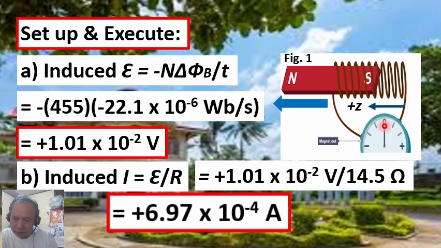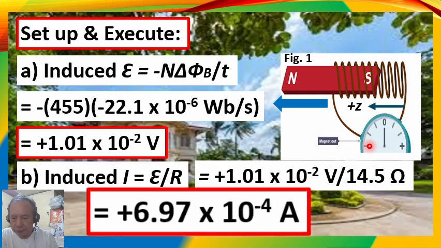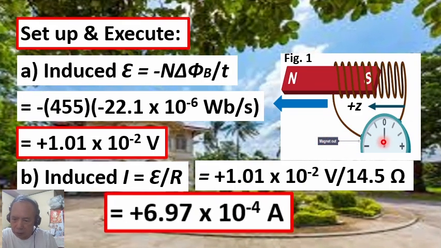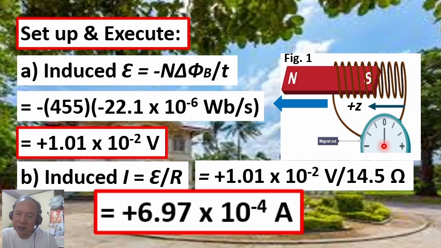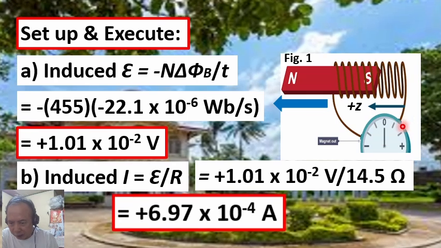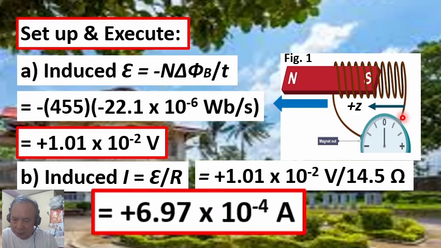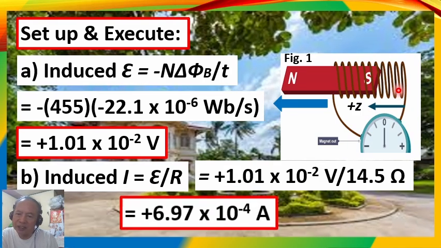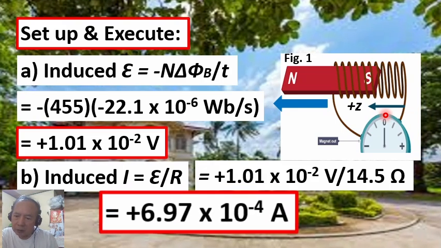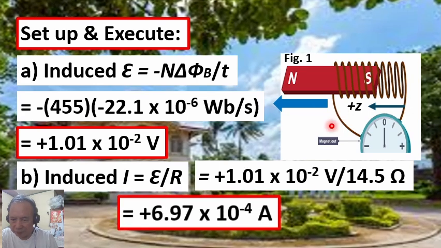And when done in actual demonstration or experiment, you should see the needle or the pointer of the galvanometer deflected to the right, which indicates that the current is positive. And as far as the coil circuit is concerned, we can describe the induced current with a direction that is counterclockwise.